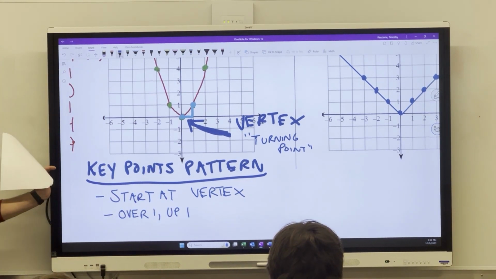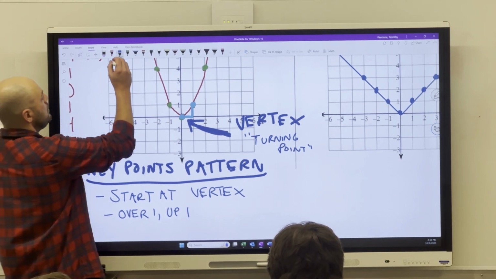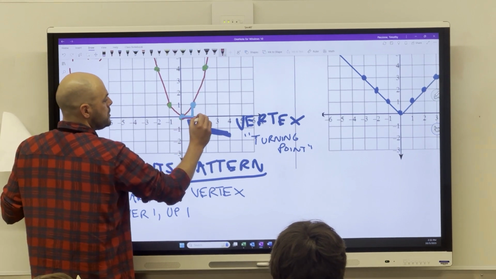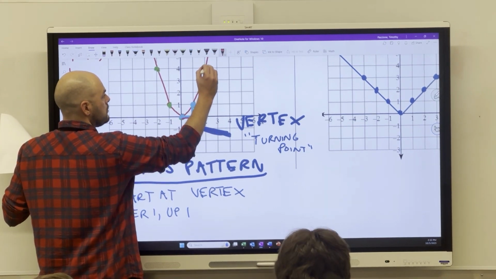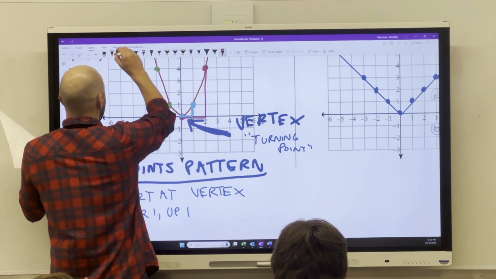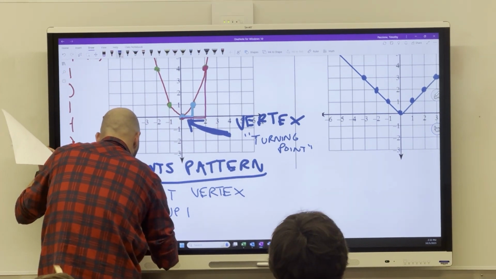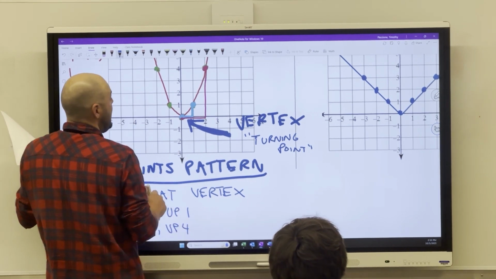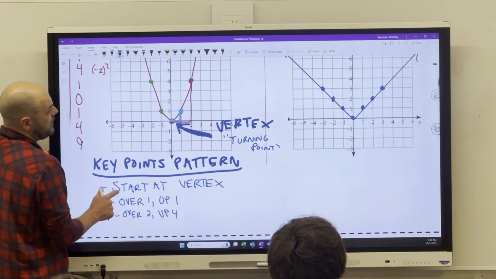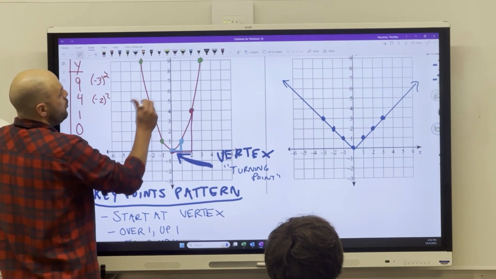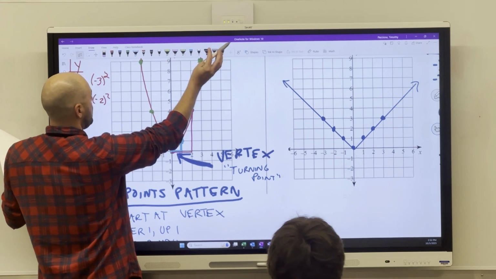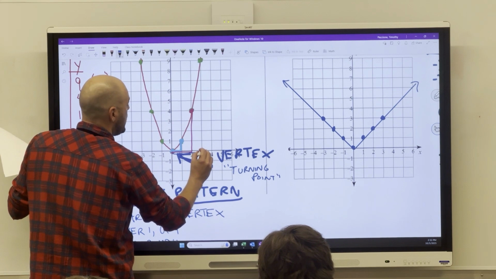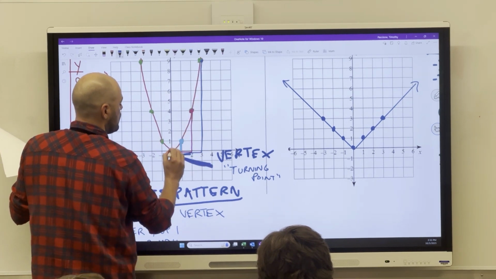Then we go back to the vertex, and we go over 2, up 4, right? Over 2, up 4. And then if we can, we go, another color here. Let's see, we'll go with blue, over 3, up 9, okay?